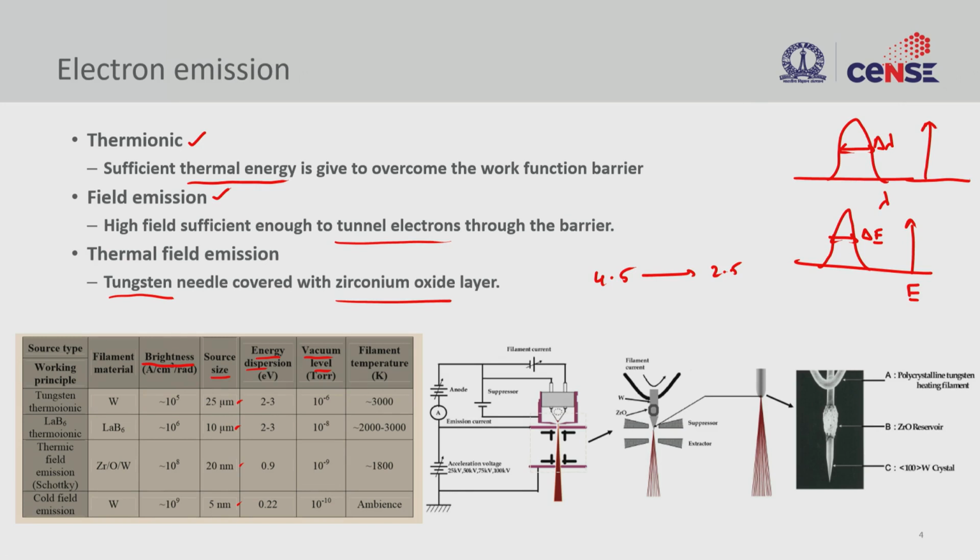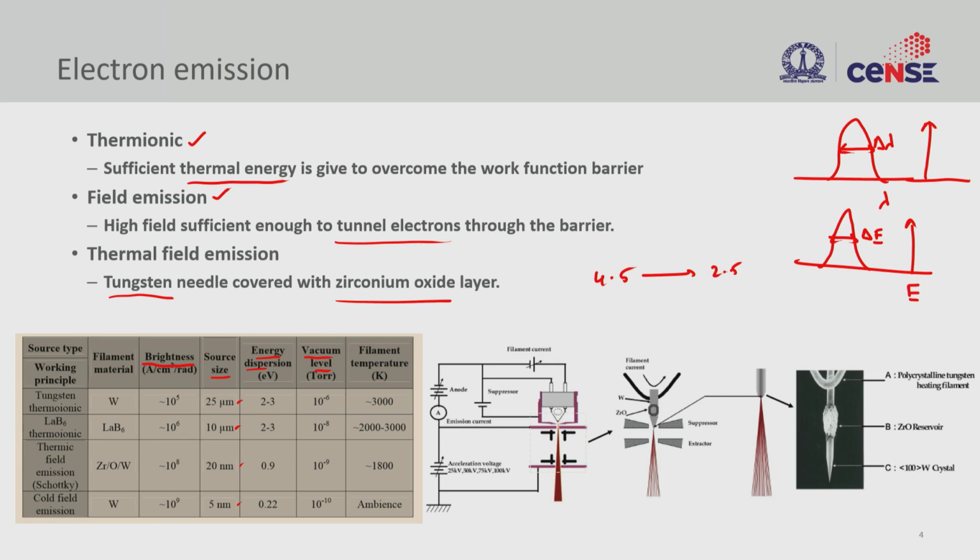However, if you look at tungsten thermionic emitters, 25 micron is a reasonable feature size, and 10 to the power of -6 torr is the required vacuum level, which is typically used in a lot of vacuum processes. So it's not just about source size, it's also about the vacuum level one can reach and the energy you want to spend on it.